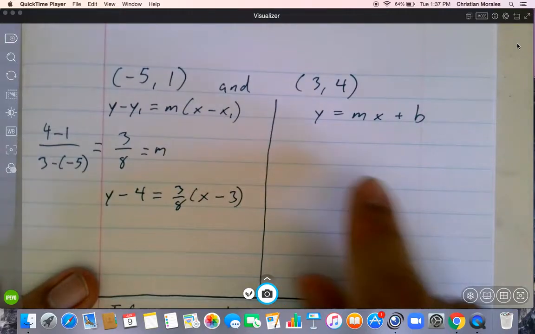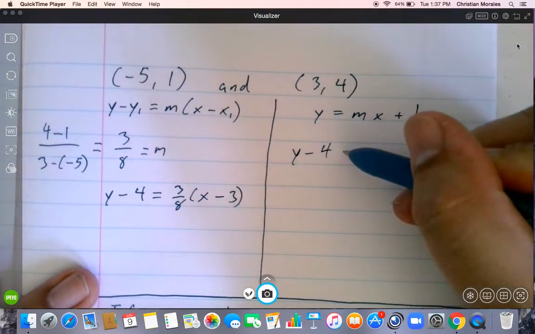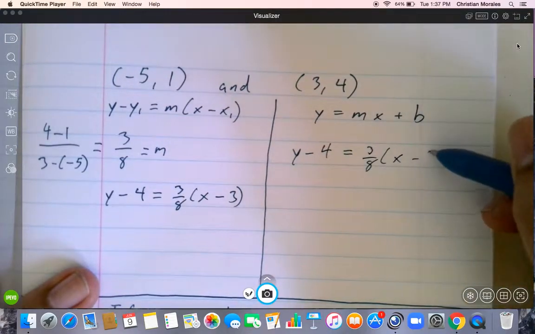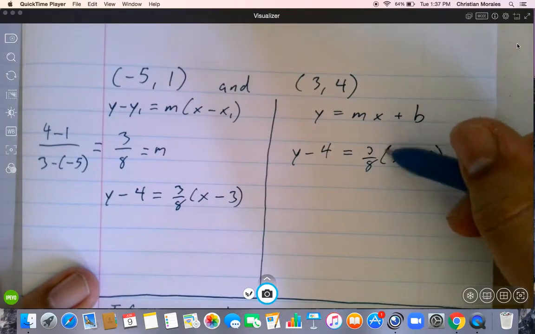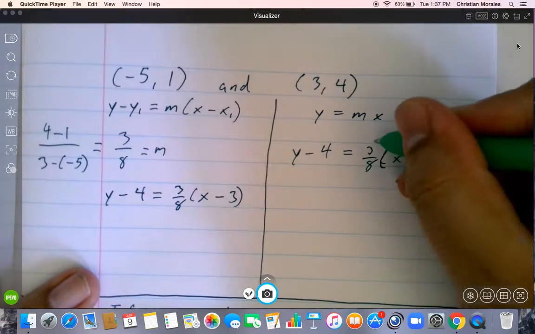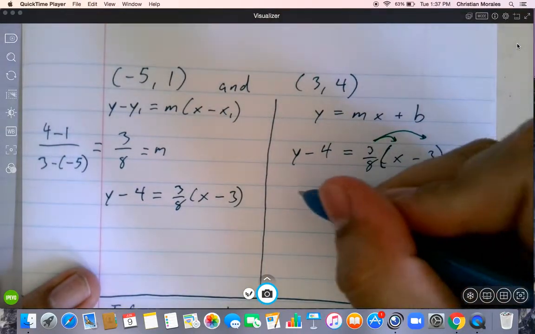So here's how you start. You have point slope, and what we have to do is first distribute. We're going to take the slope and multiply it to both of these. So it's going to look like this.